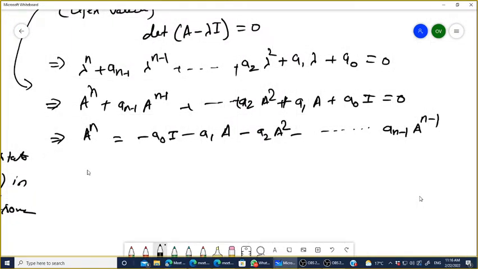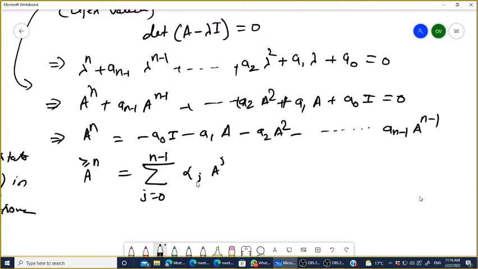For the power of A being n or greater than n, A to the power n plus 1, n plus 2, n plus 3, like this, we can write this equation like this: sum over j equals 0 to n minus 1 of alpha j A to the power j.